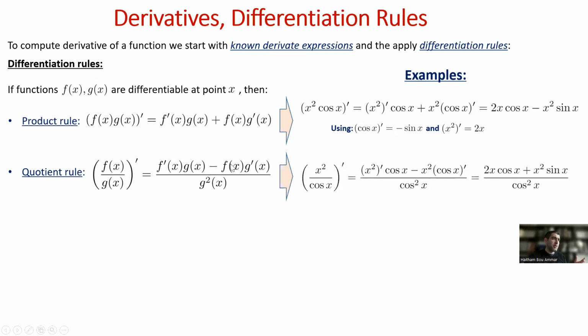So let's consider an example. Assume that our numerator function f of x is x squared, and our denominator function g of x is cosine of x. Then we want to compute the derivative of this ratio, x squared over cosine of x. Following the quotient rule, we first compute the derivative of the numerator, x squared, and we know that it's 2x, and we multiply that by the denominator function cosine of x, so that's why we have 2x cosine of x.